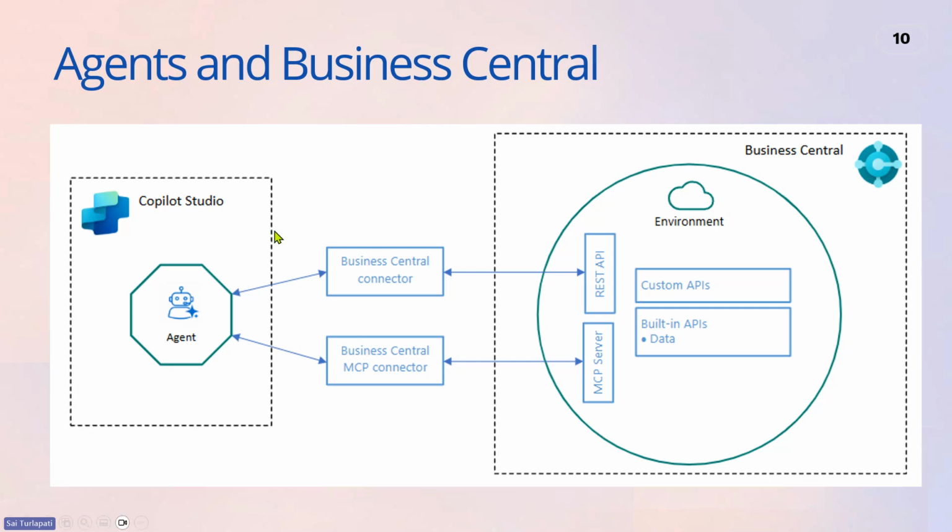That is the reason we feel that in the agentic world, creating agents and connecting them with Business Central, for this session using MCP, is one of the best ways so that your agent can do multiple workflows.